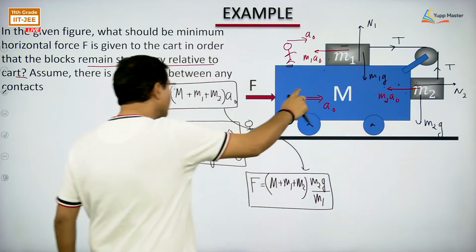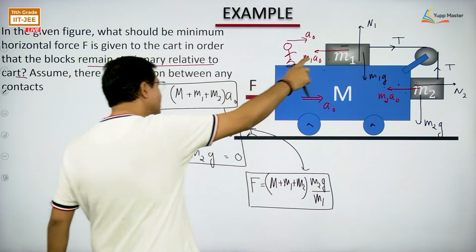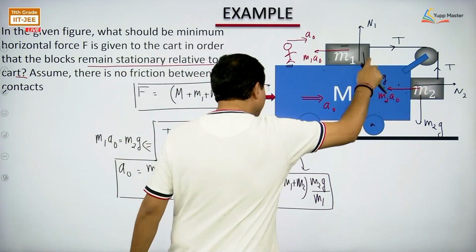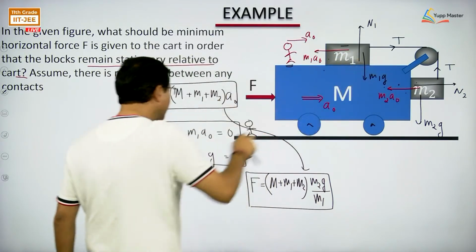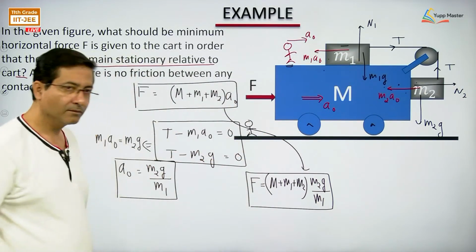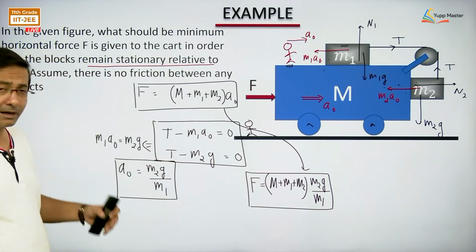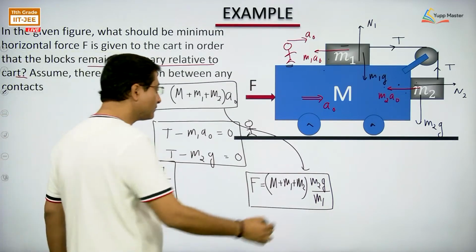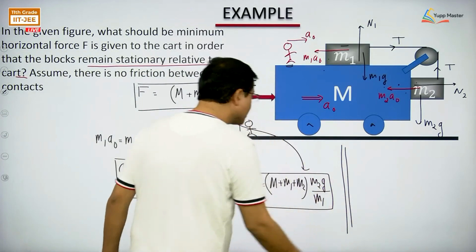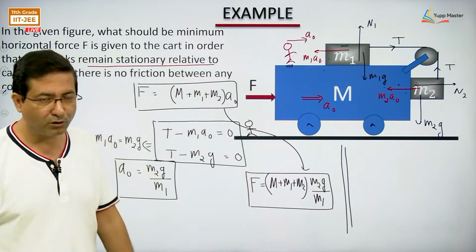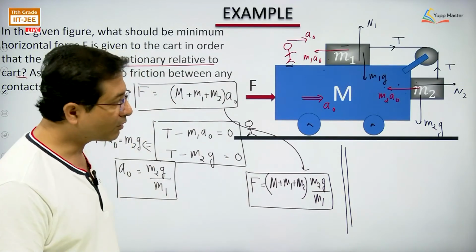So for this one I am writing from ground, and these two I find easy to observe from this frame, that is why I am writing from that frame. I already told you you need not change frame, you can solve the whole problem from the ground frame only.